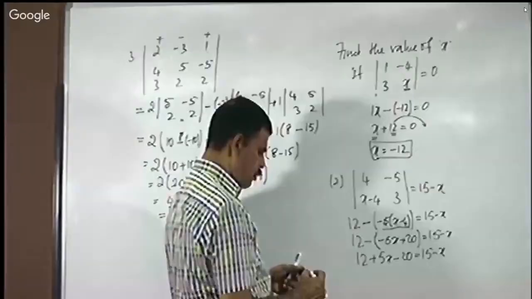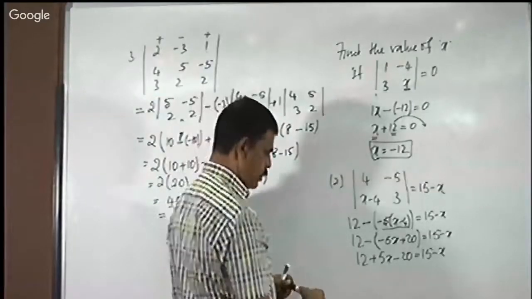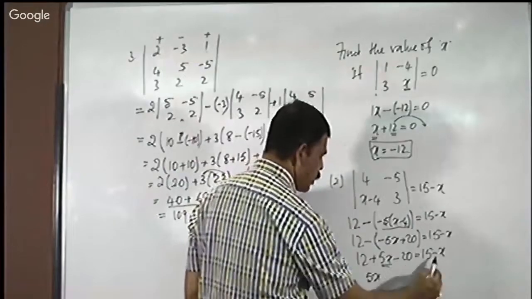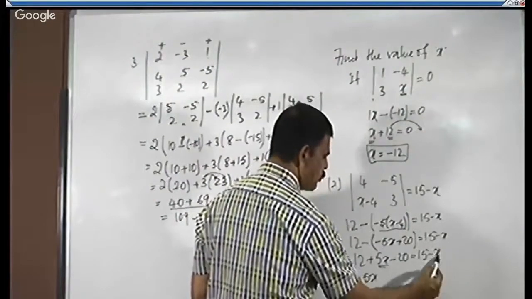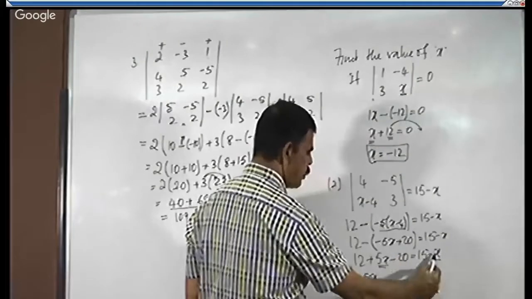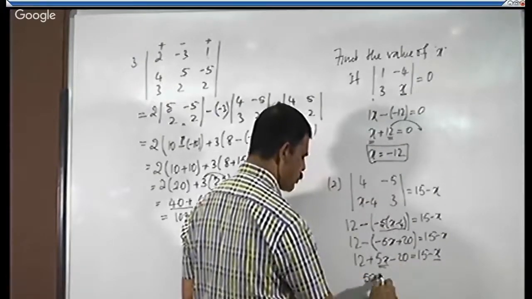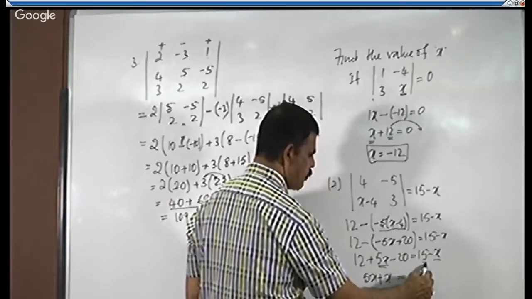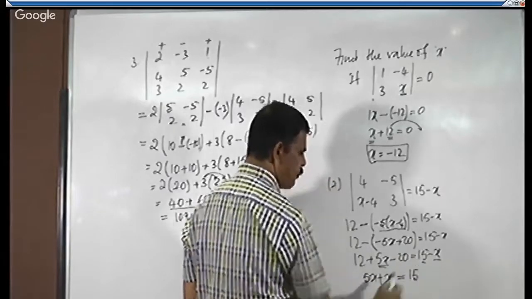Now collect all x terms to left side. One is at left side, you write first 5x. Other x is at right side, you just transfer it to the left side, whose sign changes. So minus x becomes plus x is equal to, at the right side we have a constant. Okay, write it first, 15.